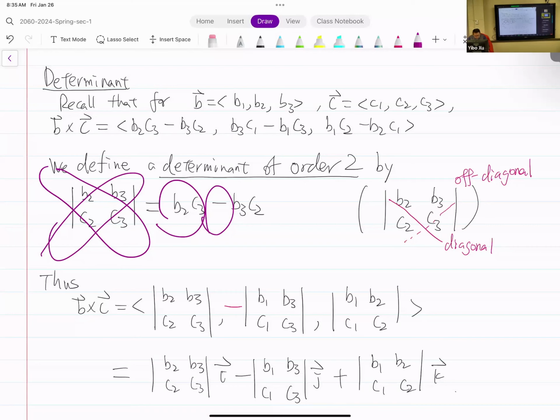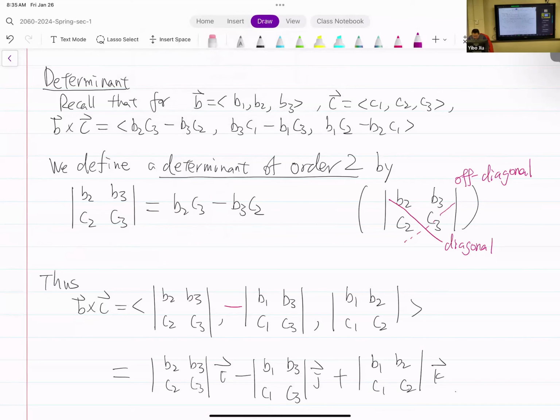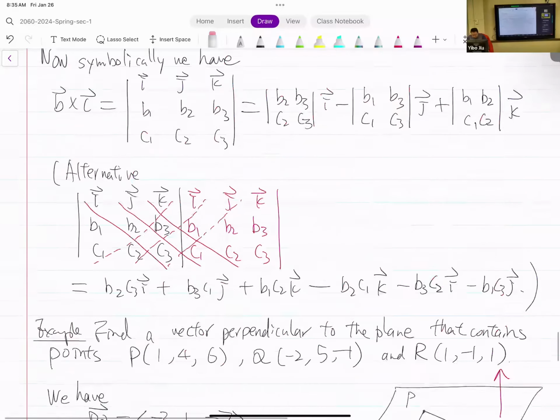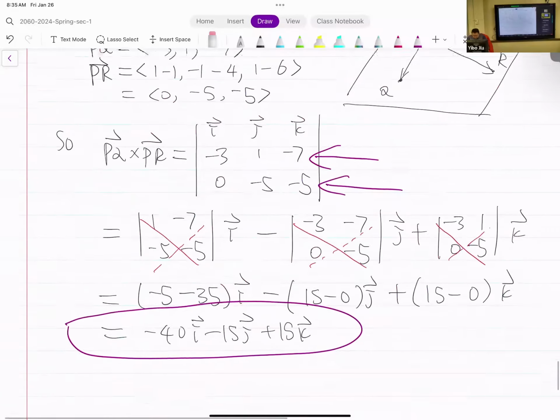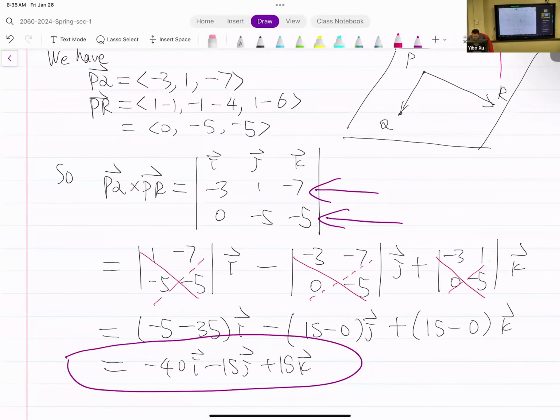Just now we have -5 minus 35. 35 comes from the product of the off diagonal. But the difference, that's a subtraction, it must be there. That's exactly why. Very good question, because it's really indeed a common mistake. So the negative is always there, you see.